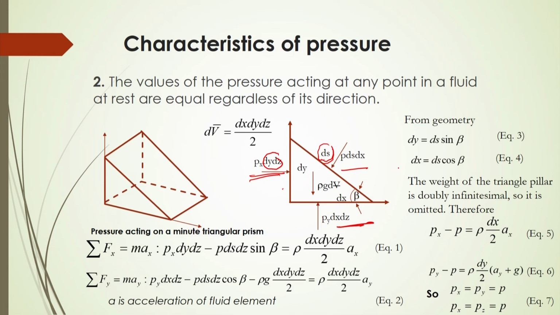If we consider the force balance in the x and y directions, we can say that the summation of F x will be equal to m into a x. Then if we substitute these forces, it will be P x into dy dz minus P into ds dz into sin beta. Beta is the inclination angle of the surface of the prism with the horizontal surface.